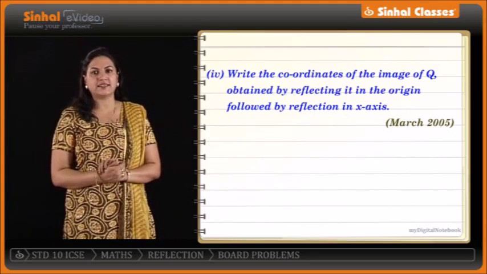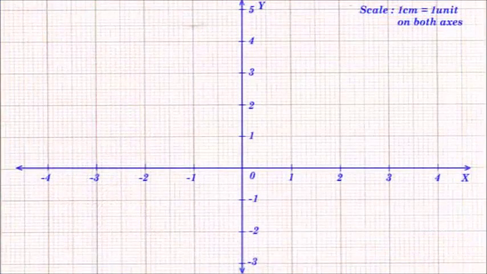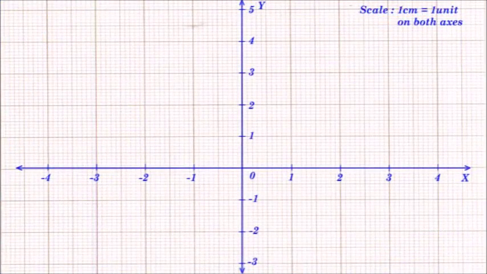in the x-axis. Now let's take a graph sheet. We draw the x-axis and the y-axis. Here we are told to take 10 small divisions as 1 unit. That is, we take 1 centimeter as 1 unit on the graph sheet. Now we want a point P which is invariant when reflected in an axis.